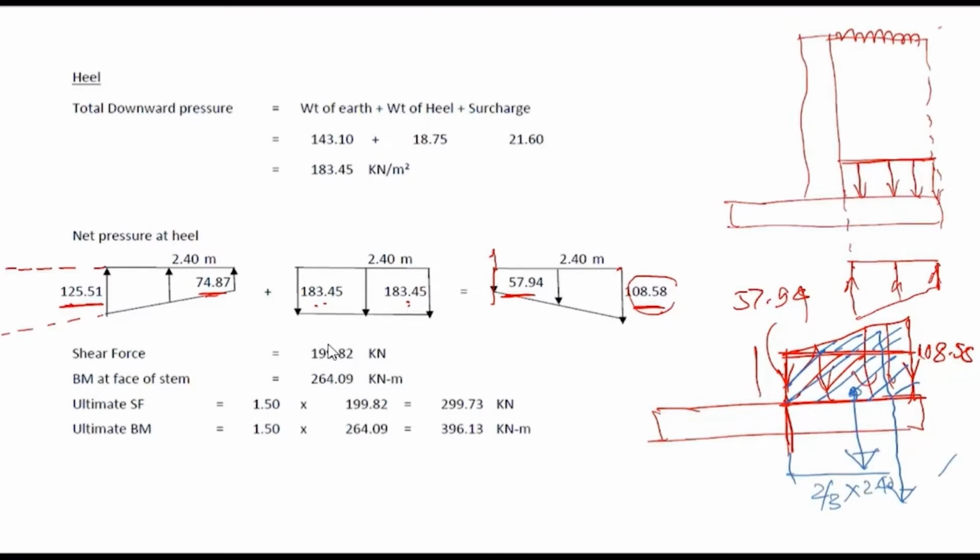So we can calculate the bending moment. For the shear force, it will be the area of this distribution, triangular and rectangular. So the shear force will become 199.82, bending moment will become 264.09. The ultimate shear force and bending moment we will get after applying the load factor.